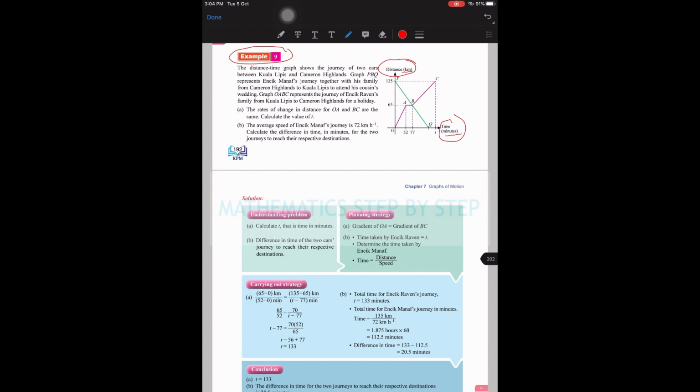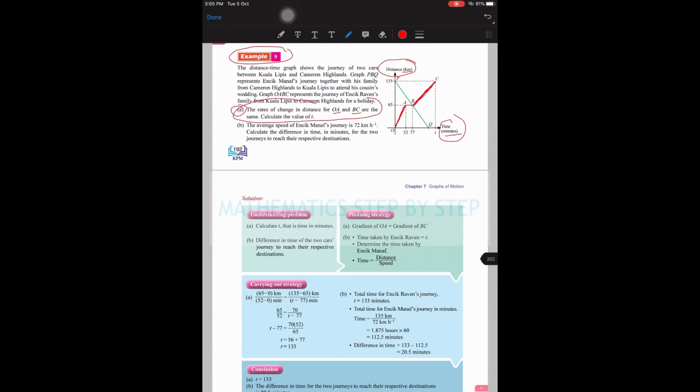Then graph OABC represents the journey of Encik Raven's family from Kuala Lipis to Cameron Highlands for a holiday. So both of them are traveling in opposite directions. Part A, the rates of change in distance for OA and BC are the same. So meaning that the gradient for this part of the graph and this part of the graph is the same. Although it may look a bit different, we go by the facts given.